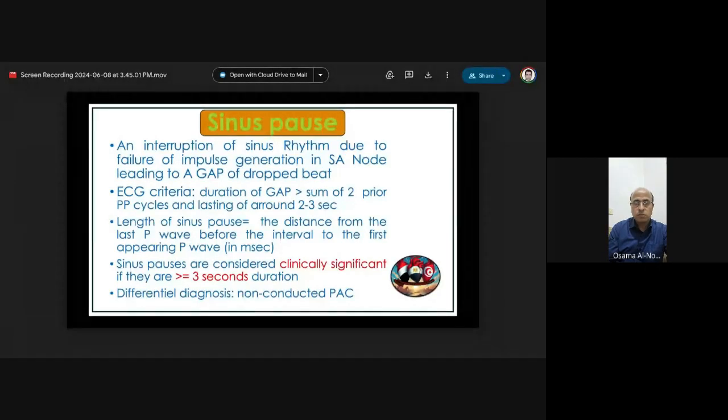In the case of premature atrial contraction, there is a P wave superimposed on or after the T wave, with a different axis or morphology.